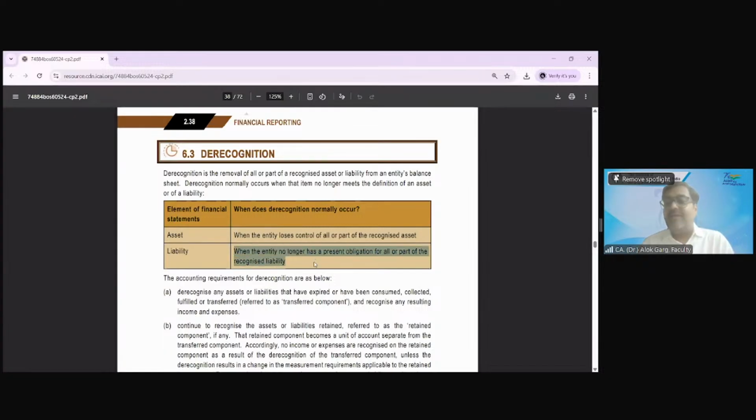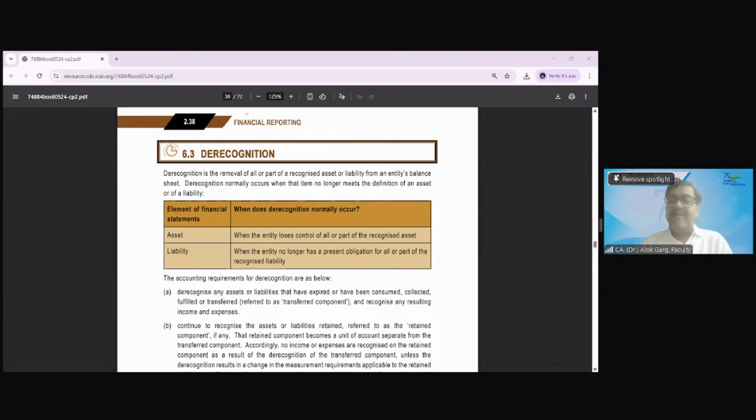Liability, when the entity is no longer required to pay the obligation. So the asset is derecognized when the entity loses control over the right of the asset. Okay. Liability, when the outflow is no longer probable, then there is a derecognition of the liability. Okay. This is derecognition, this is recognition.